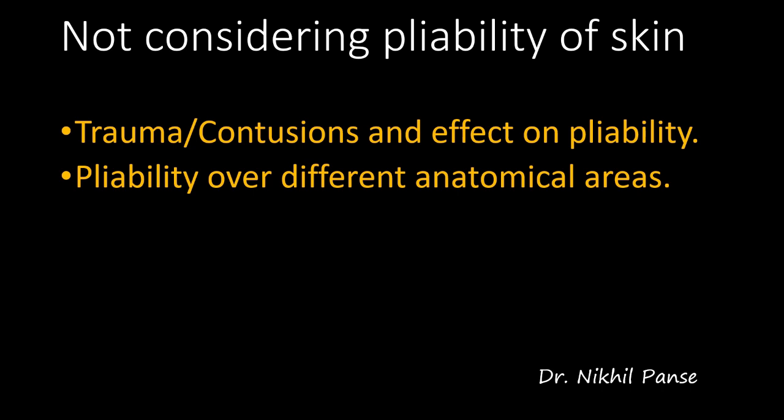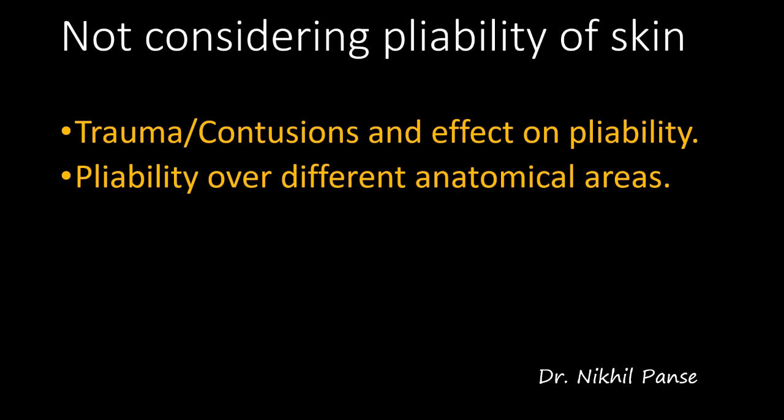Now pliability is also different over different areas. If we see the scalp, it has got galea, and galea aponeurotica is a fairly thick tissue, and the pliability of that tissue is substantially less as compared to our conventional fasciocutaneous flaps which we perform over the upper and lower extremities.